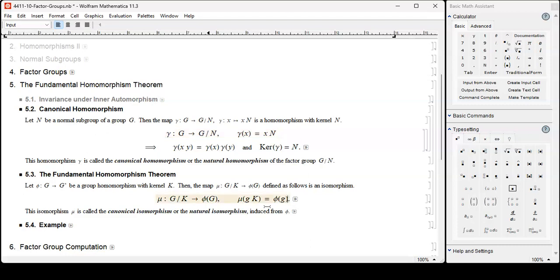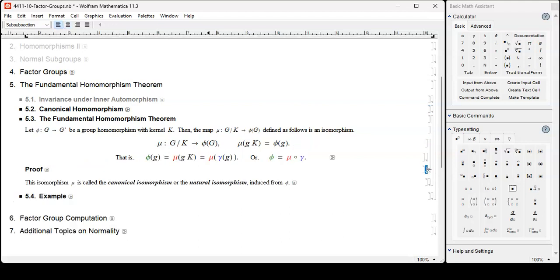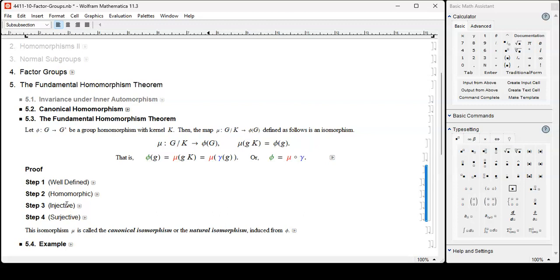But in this case, you have a coset. So what if we have two or more different elements that form the same coset with different outcomes? If so, then everything breaks down. We have to make sure that doesn't happen. In short, we have to establish these four: well-defined, homomorphic, injective, and surjective.